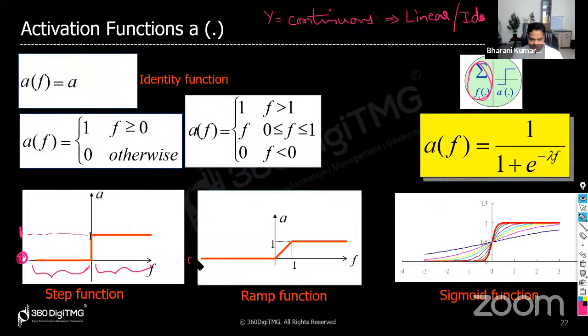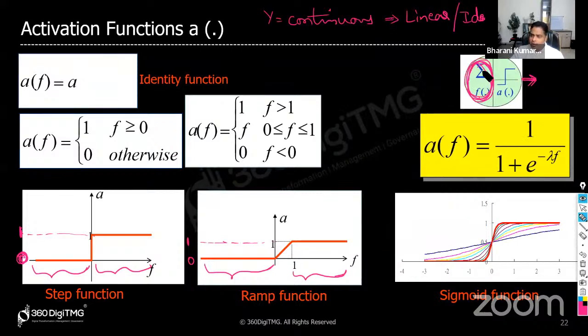Then you have the ramp function. In the ramp function also you have 0, 1, etc. If the integration value is less than 0, the ramp function would give 0. If the integration value is greater than 1, then the output would be equivalent to 1.